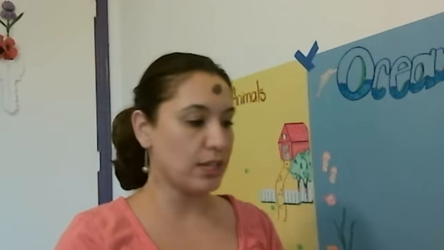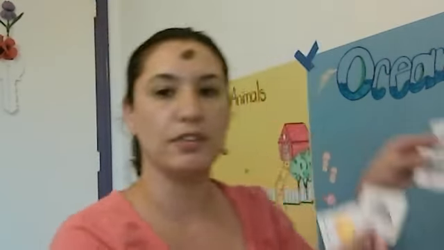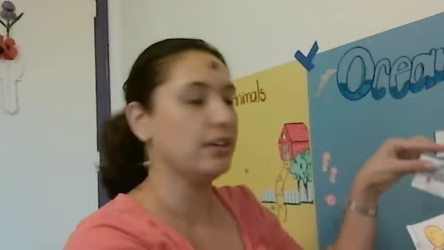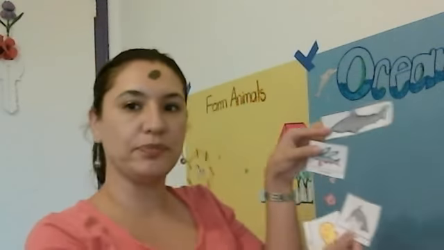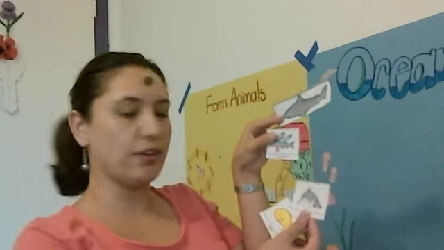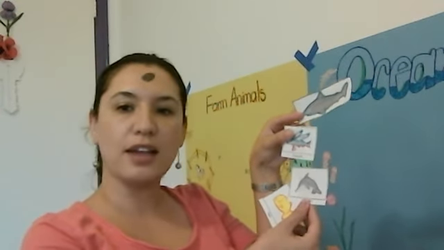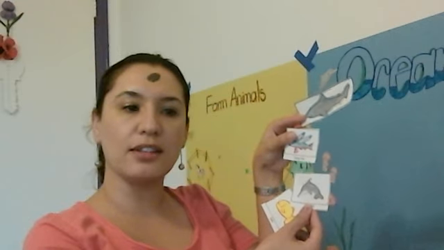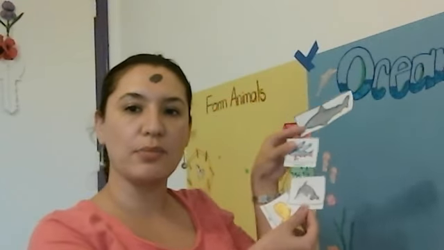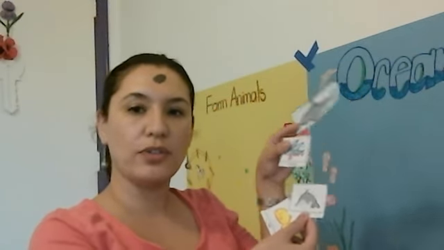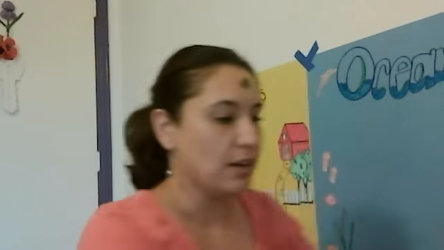I'm going to present several animals that have similarities that could live in the ocean. For example, I have a shark and other kinds of fish, goldfish, dolphins, that have similarities and that live in one of the two environments, either the ocean environment or the farm animals environment.